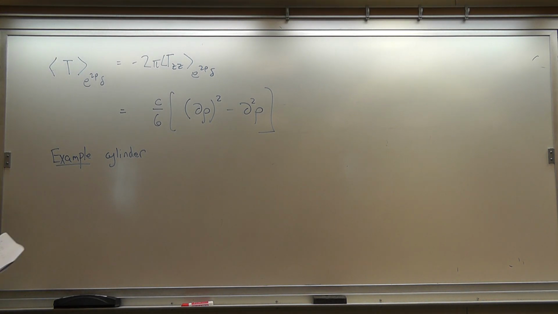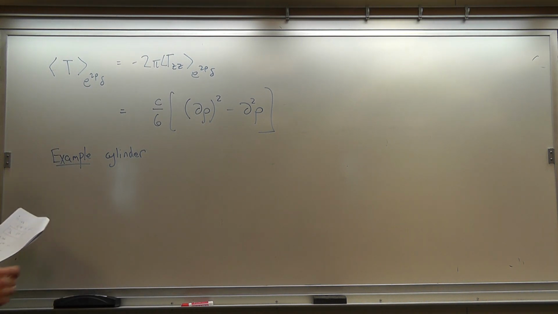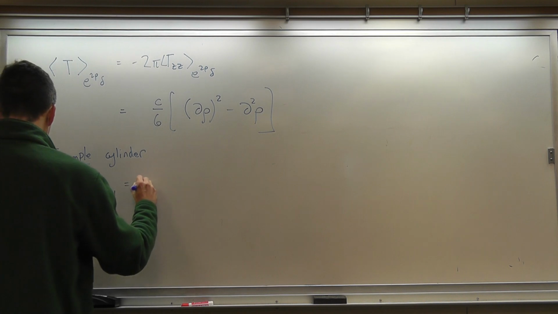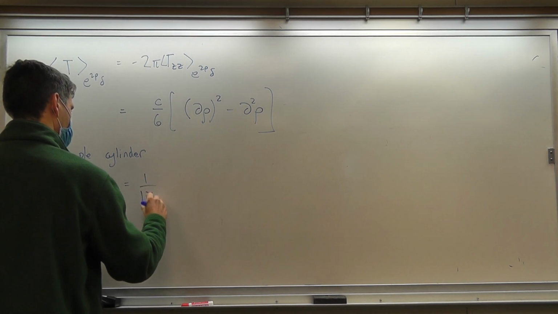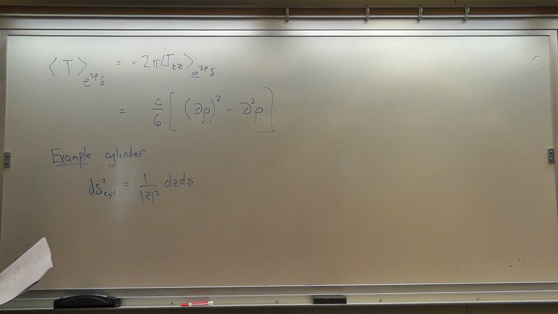Okay, let's use this to calculate the stress tensor on the cylinder. The metric on the cylinder is 1 over mod z squared dz dz bar. Let me remind you why that is.